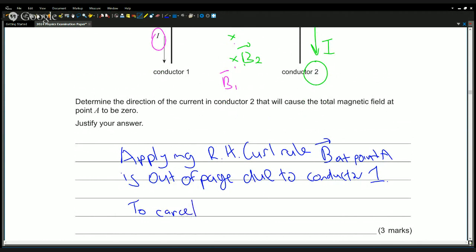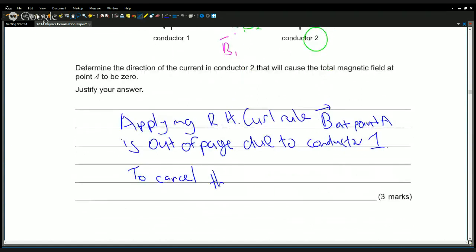To cancel this, the other B, due to conductor 2, must be into the page.